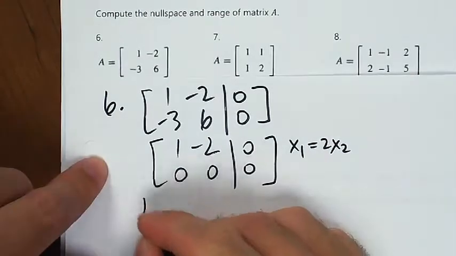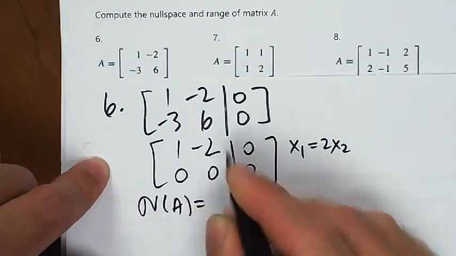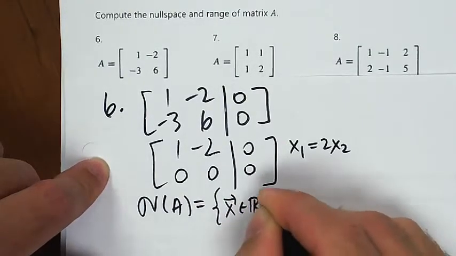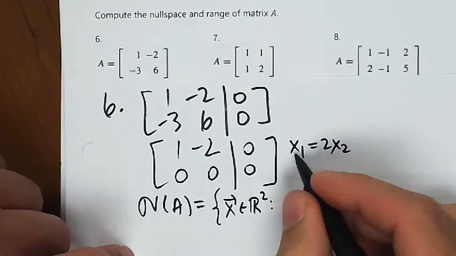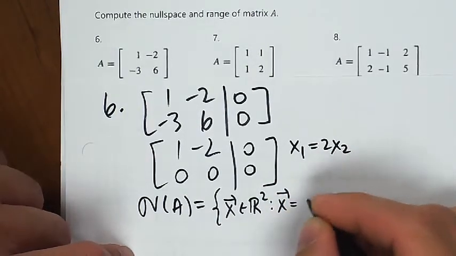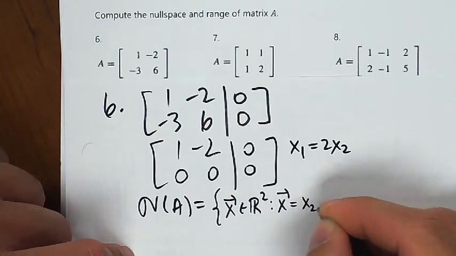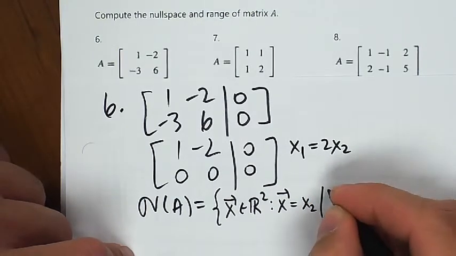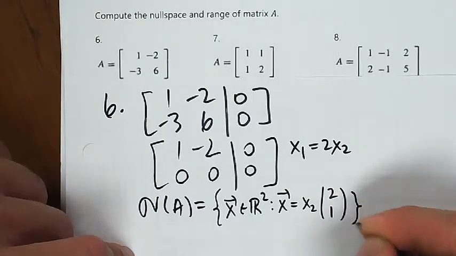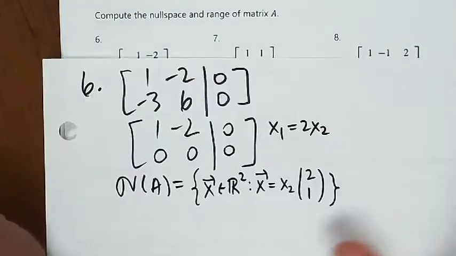And so the null space of A is equal to the set of all x in R2 for which x1 equals 2x2. Maybe I'll say x is equal to x2 times, well, x1 is 2 times x2. So the set of all possible multiples of vector 2, 1.